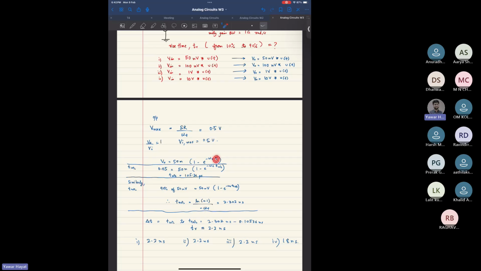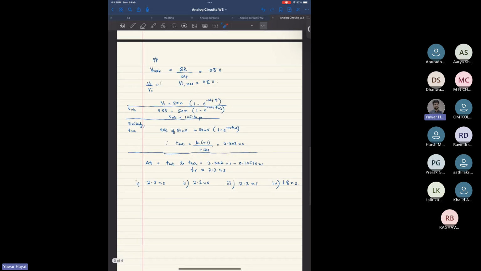Likewise, I'll replace t by T 10%, because at this time instant my V output is 10% of V output max. Likewise, I'll compute T 90%, where I'll replace t by T 90%, and my V output would be 90% of my V output max, right? And then I'll go on to compute T 10% and T 90%.